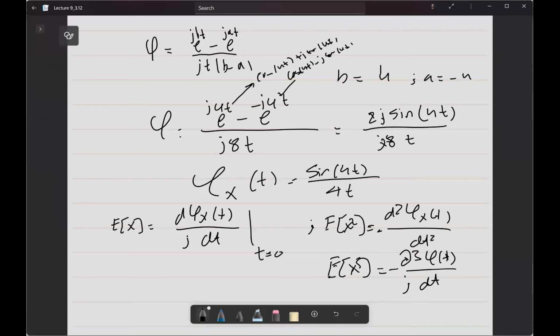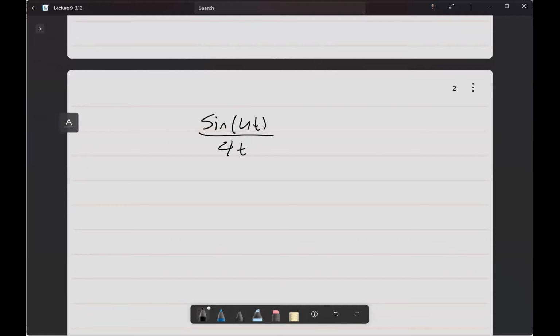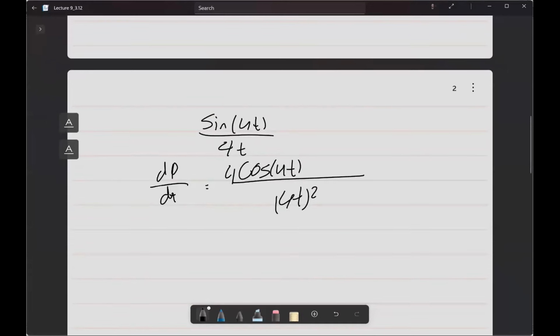For example, if I want to differentiate sine 4t divided by 4t one time, d phi over dt, you can take this 4t squared and then cosine 4t multiplied by 4, times 4t, and then minus, the differentiation of 4t is 4, times sine 4t. So this is the one differentiation. You can cancel 4 with 4 and so on. But then if you want to take the second differentiation, it will be even longer.